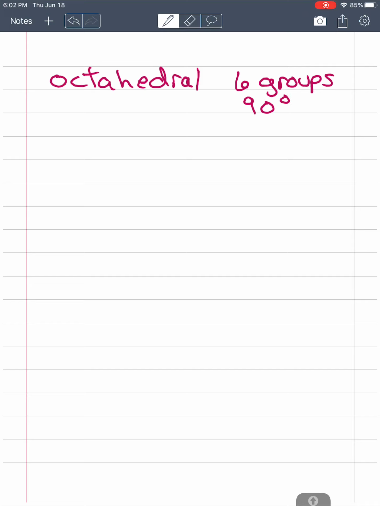So let's take a look at octahedral. That's 6 groups. And they're all 90 degrees. And you have something that's here, and here, and here, and here, and here, and here. It doesn't matter where you put the first lone pair in this case, because everything is 90 degrees away from everything else. But let's see why they call it octahedral.